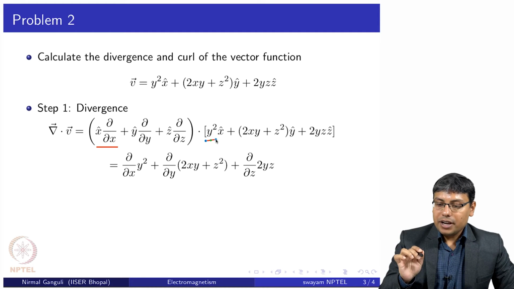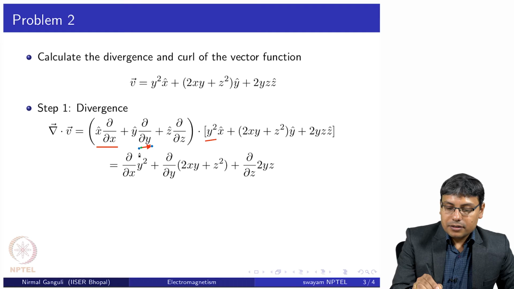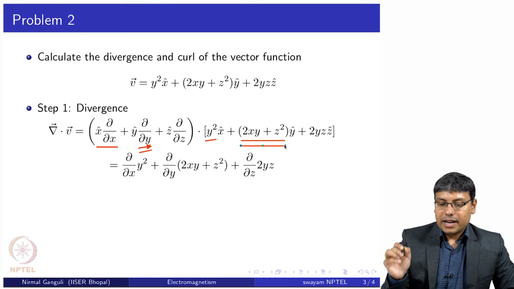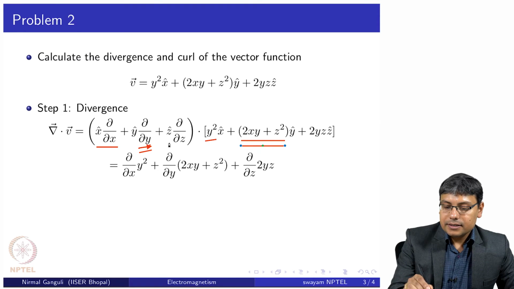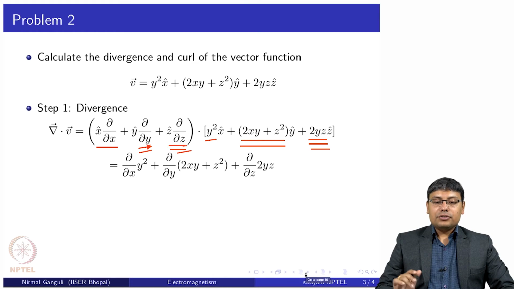Similarly, del y will operate on the y component, that is this one, and del z will operate on the z component, this one. This is the way we can calculate the divergence.